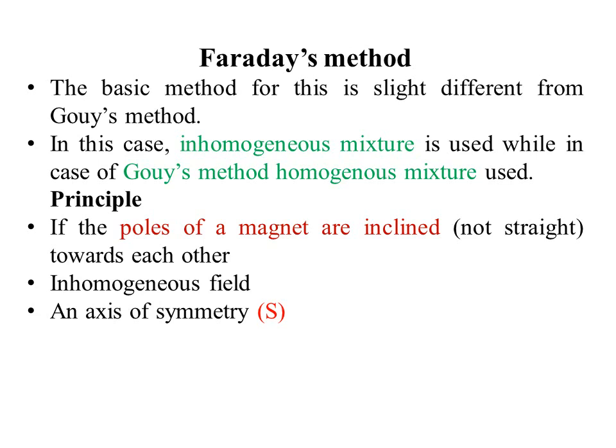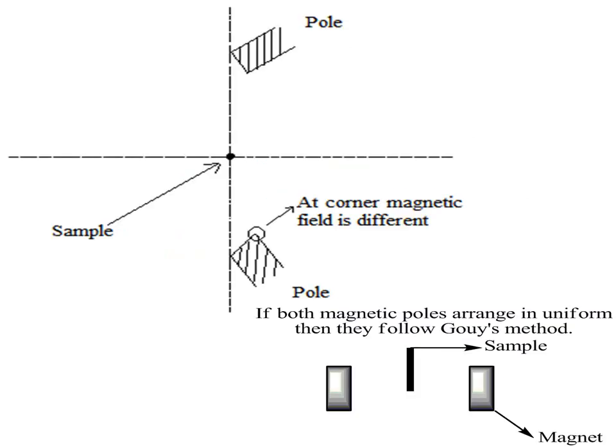As far as the principle of this method is concerned, if the poles of a magnet are inclined, not straight towards each other, then an inhomogeneous magnetic field is produced with an axis of symmetry.